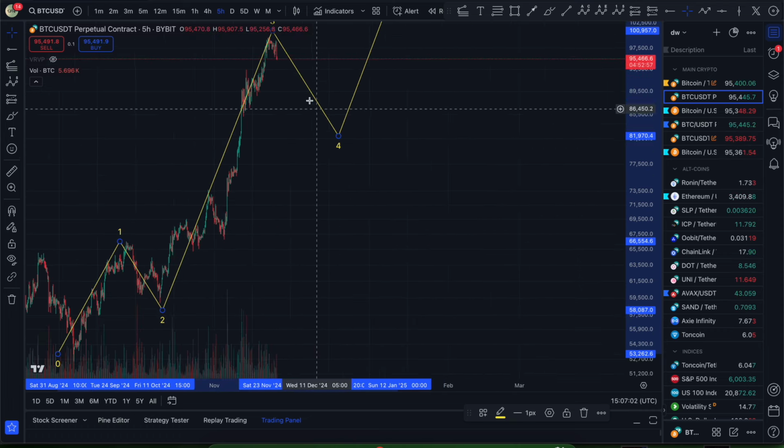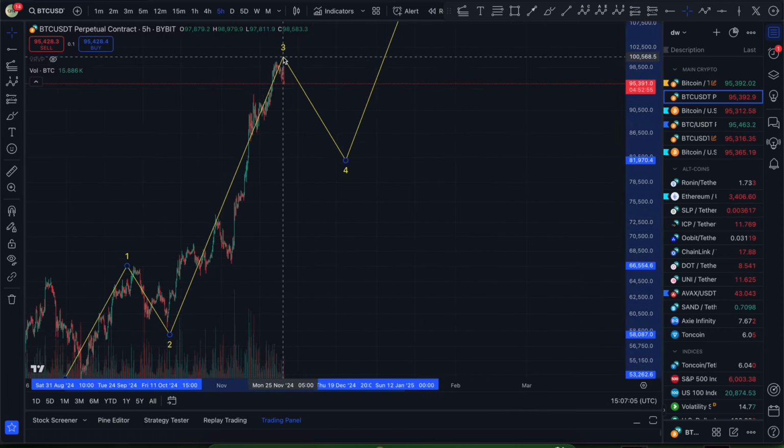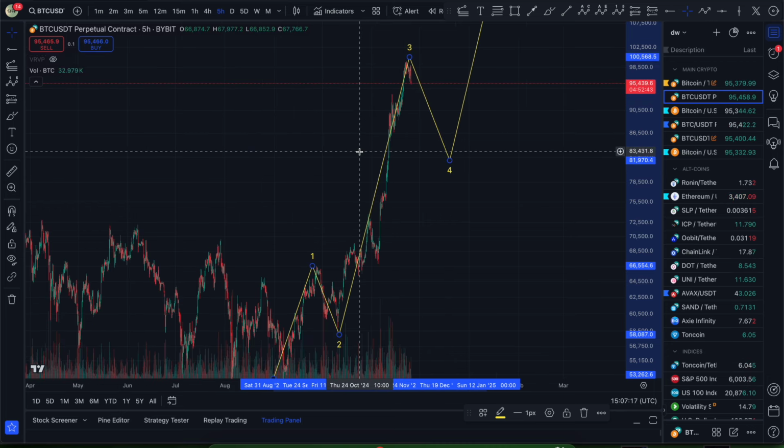So this fourth wave might happen right now, and this is why you need to keep all your attention on Bitcoin, because there might be a subwave 4 correction. I'm not saying some kind of global one, right? But at least that subwave 4 correction can happen.